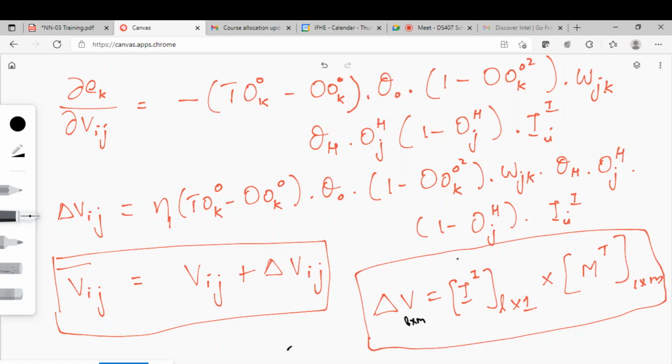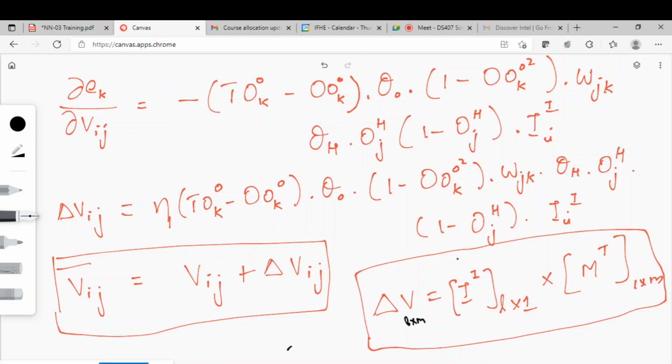This is what you get, and again this negative sign can be replaced with this eta. This is the change in weight. Now the new weight is Wjk bar equal to Wjk plus change in weight. Similarly here also, this Ojh can be represented like this, m cross 1. This part alone is for the W matrix.